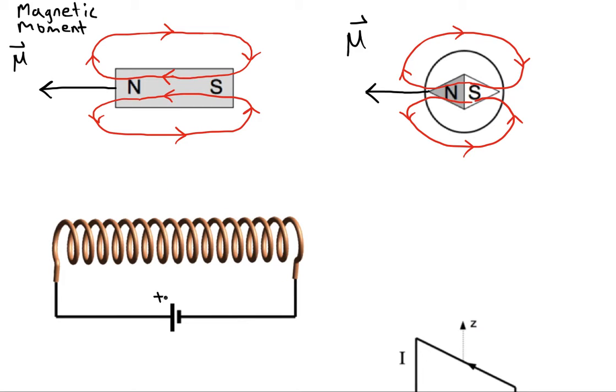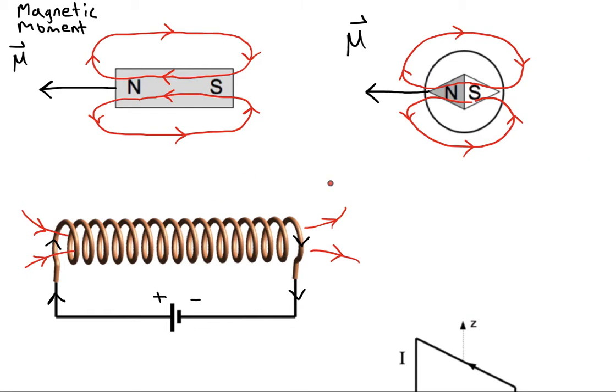So if this is the positive side of a DC battery, then current is going to flow this way. It'll flow up through the coil and come out the other side. So using the right-hand rule on that, I find that the magnetic field actually flows in from the left side and it'll come out the right side.